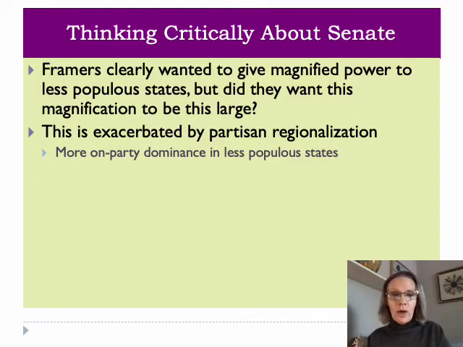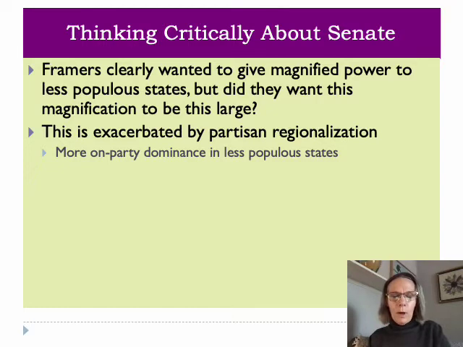George Washington admonished that it's worrisome that parties and factions are starting to take over. So at the time of the ratification, there wasn't this thinking that things would be divided along partisan lines.